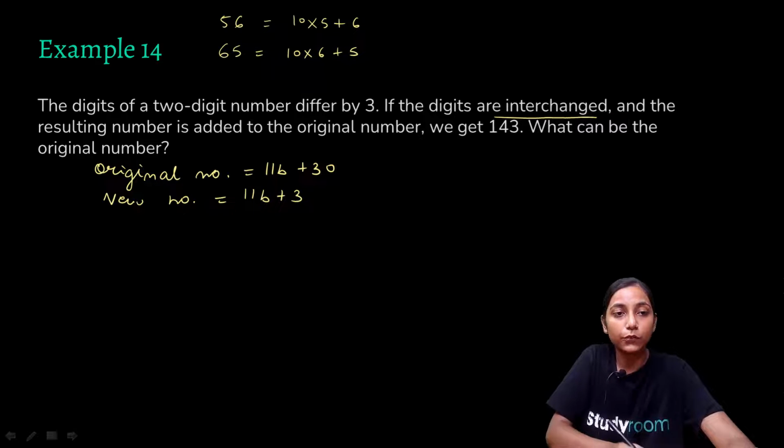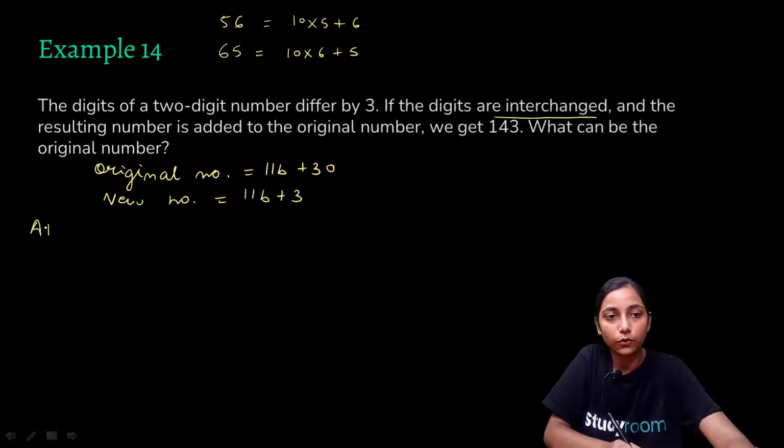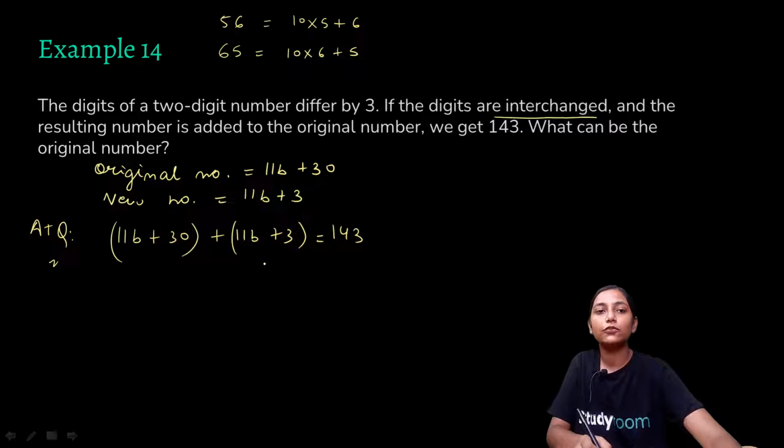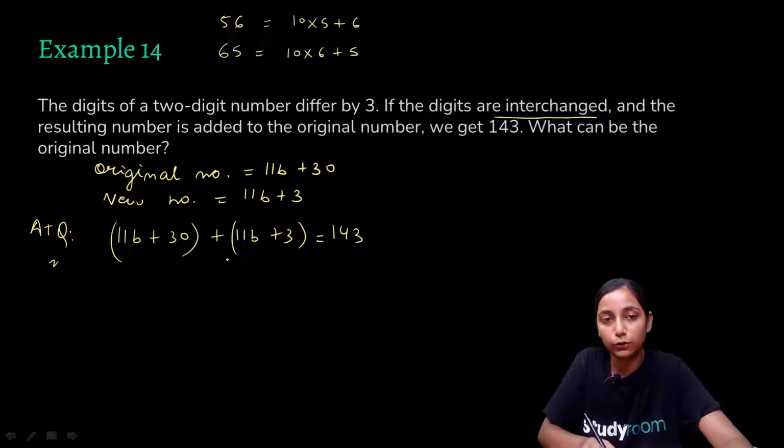So according to the question, when both of these numbers are added, 11b plus 30 is added with 11b plus 3, we are getting 143 as the answer. We need to find the original number, that is, we need to find the value of 11b plus 30.